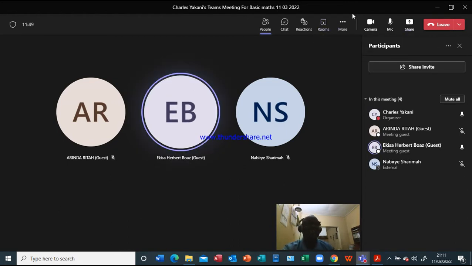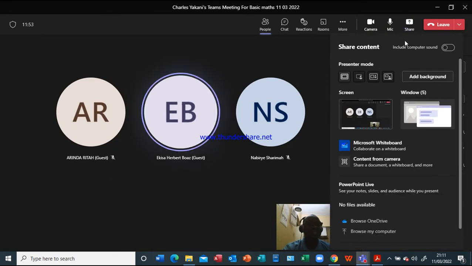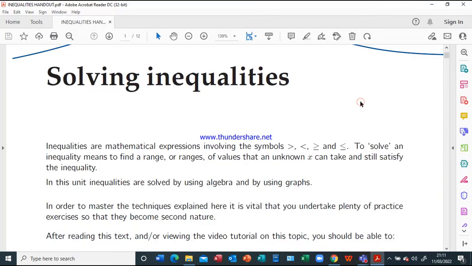Okay, let me share my screen again and see whether you can all see my screen. Right, that's what I want to share. Okay, are you seeing my screen where there is solving inequalities up there?